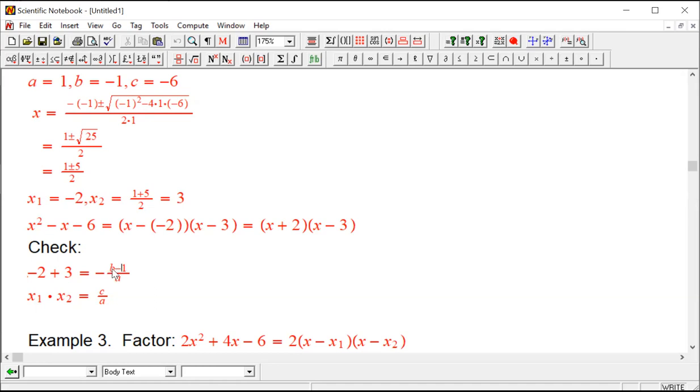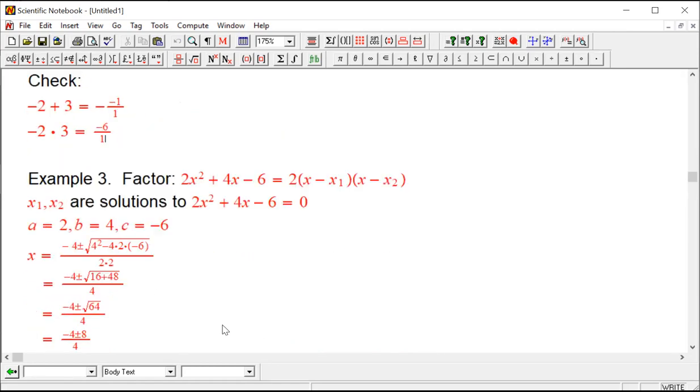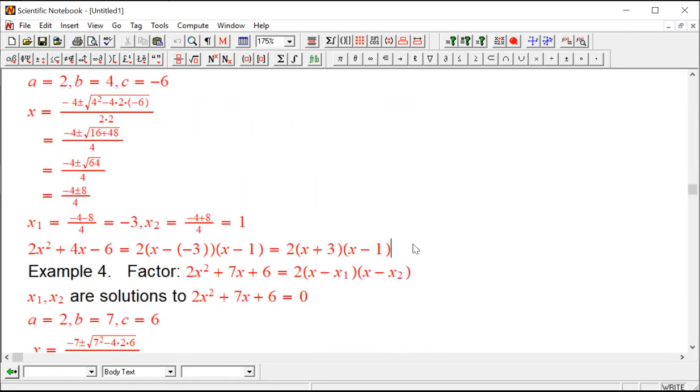A is 1. So they're the same again. It's positive 1, right? So negative 2 times 3 is c over a. C is negative 6, A is 1. It's true again, right? Let's look at the third example.